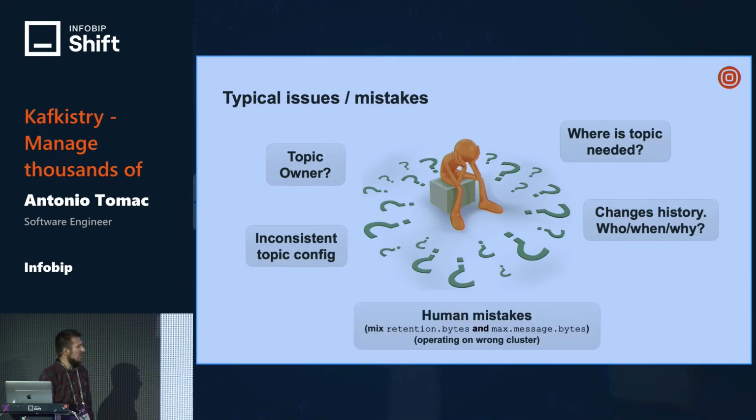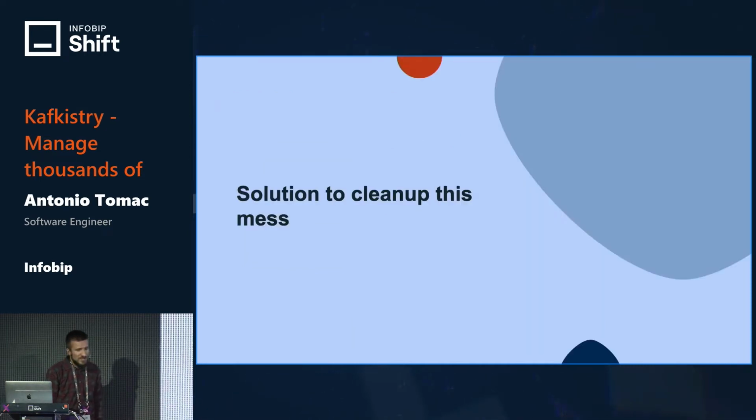And there was a lot of room for human errors, for example, mixing different configuration properties, or even operating on a completely wrong cluster. You SSH somewhere, meaning you're doing something, but you are connected to a completely wrong cluster. So having that said, we desperately needed some kind of solution to clean up this mess.